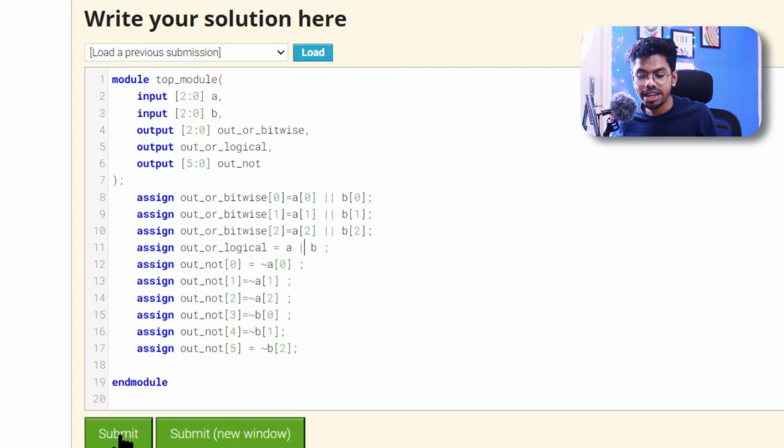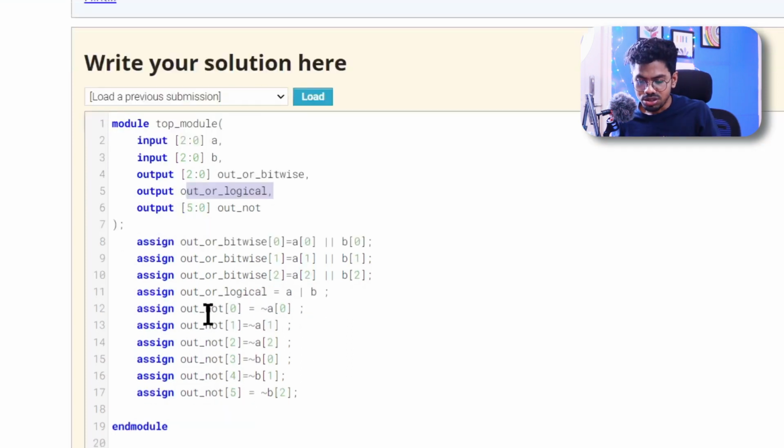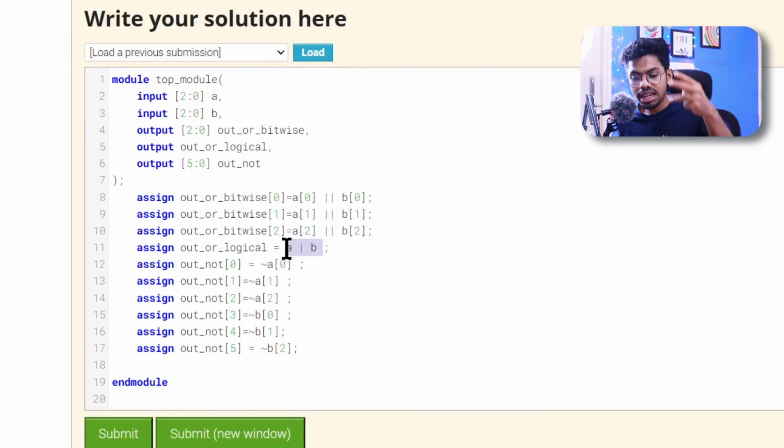See, we'll get an error for sure, because here we are trying to do a bitwise, 3-bit operation, which will result in a 3-bit answer. But in our out_or logic, if you see the definition, we have not defined any dimension of vector. If we don't define any dimension of vector, it will by default be a 1-bit number. So this will result in a 3-bit answer, but our output is a 1-bit number.